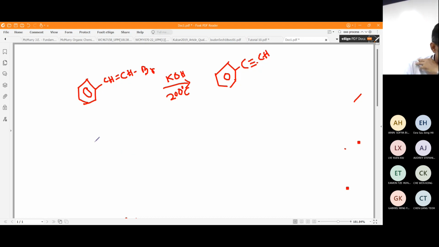Another example for an elimination reaction that is quite interesting.